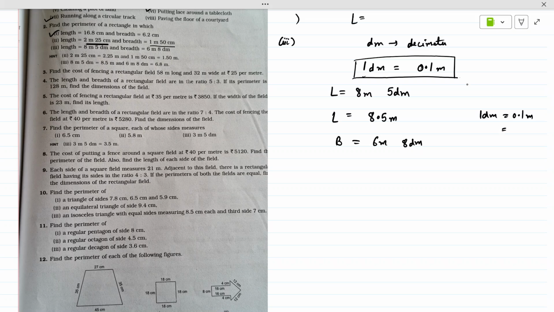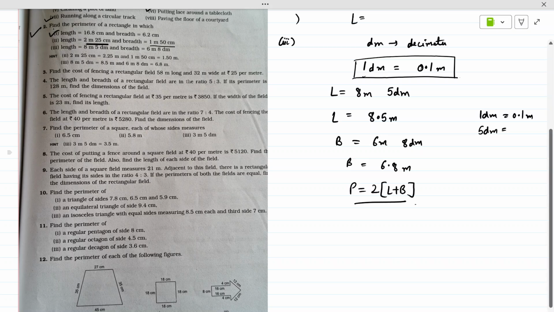Okay, and now we are given 5 decimeters. So 5 decimeters will be 0.5. When we will add, this will become like this. Similarly, here it will become 6.8 meters. Okay, length is with us, breadth is also given, then the formula. So this is the simple calculation which you have to do. Okay, so with this we complete the second question.